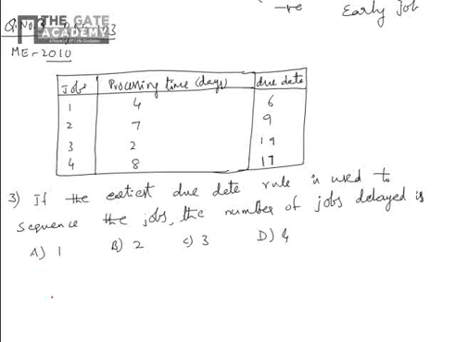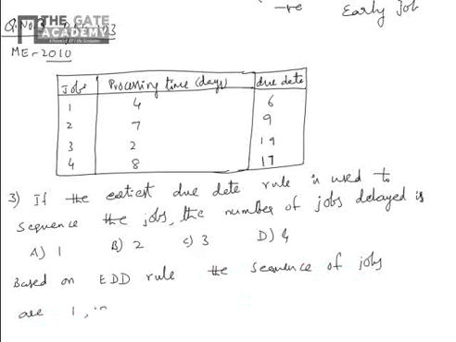Earliest due date. First of all, based on the earliest due date, you have to give the sequence of the jobs as 1, next is 2, next is 4, next is 3. So the sequence of the jobs has to follow this order based on the earliest due date rule.